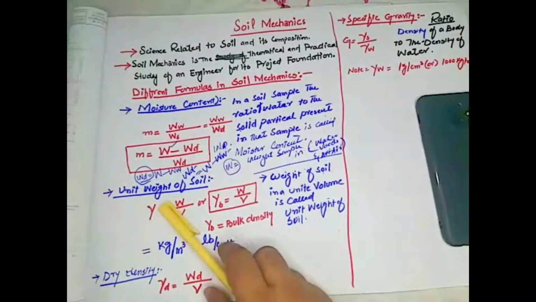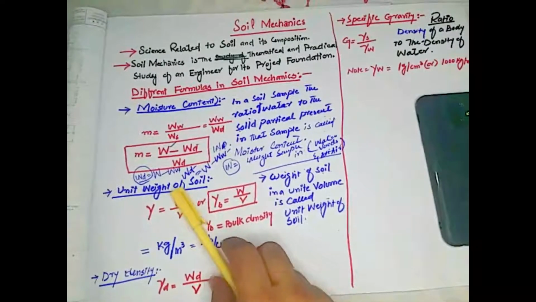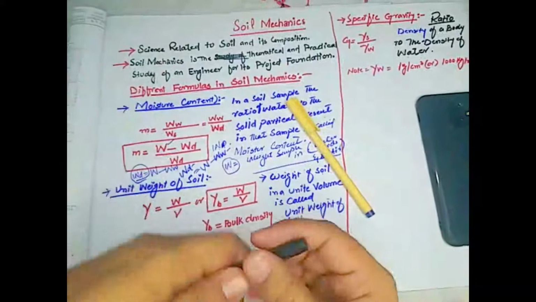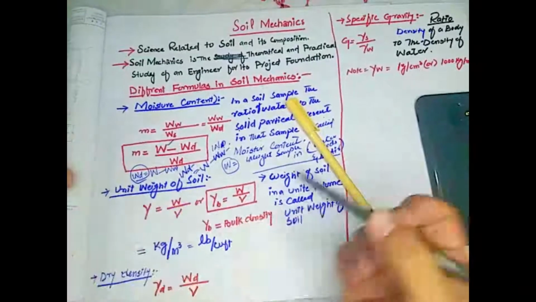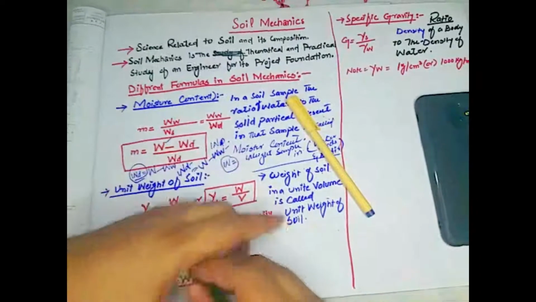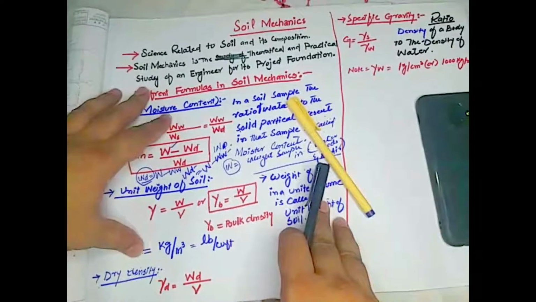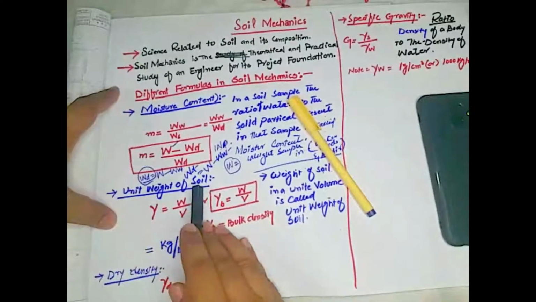Now the second formula, which plays a very important role in the field of soil mechanics and practical works, especially in roads, dams, railways, airports, highways, motorways, etc. Unit weight of a soil.